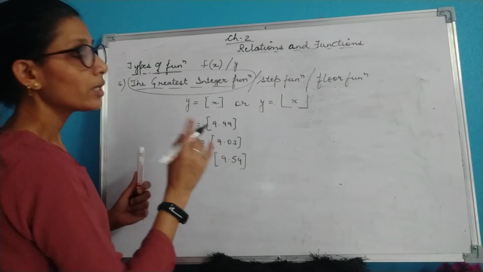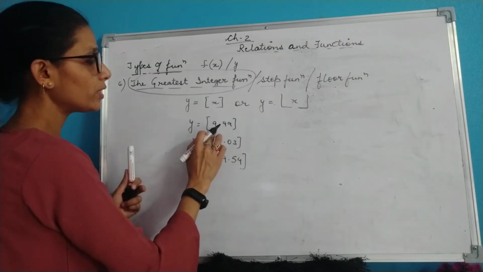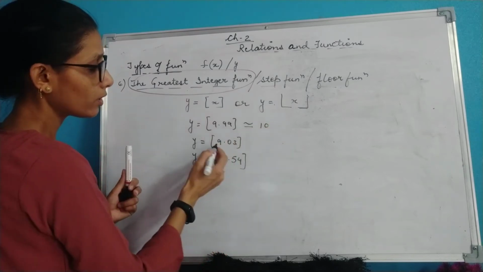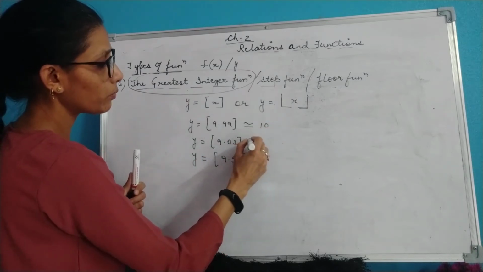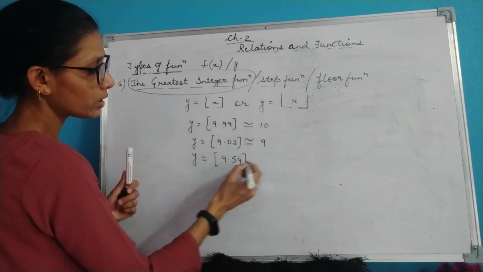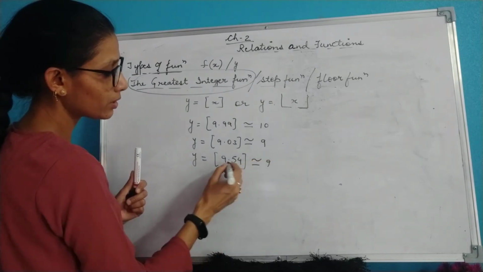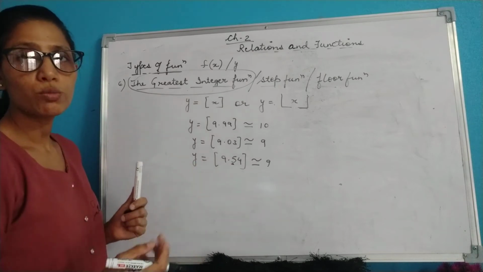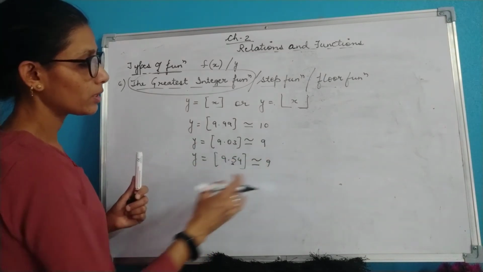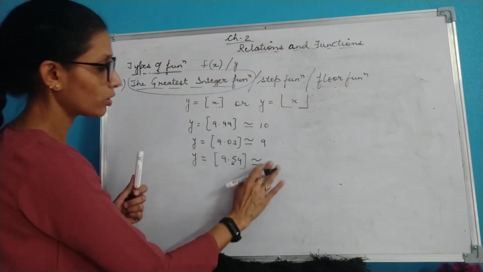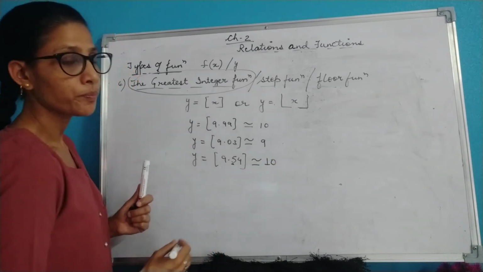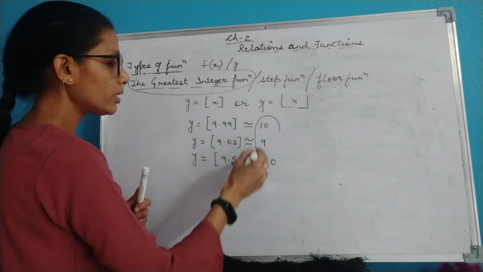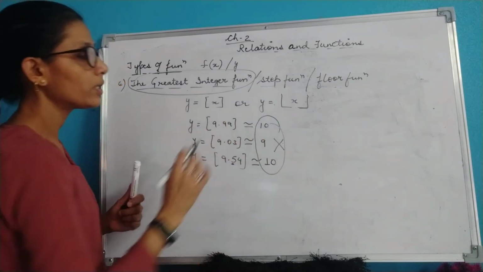In day-to-day life, we take 9.99 approximately equal to 10. We take 9.03 approximately equal to 9. We take 9.54 approximately 10 because the next digit is more than 5. But whenever we are talking about greatest integer function, these approximations should not be considered.